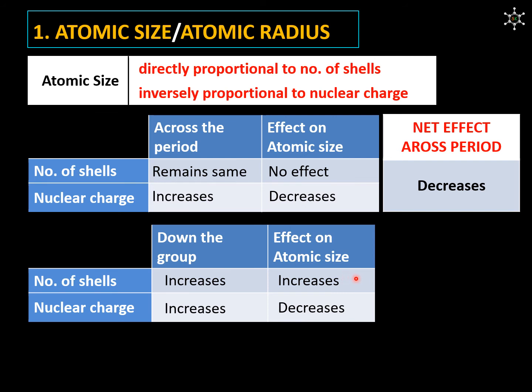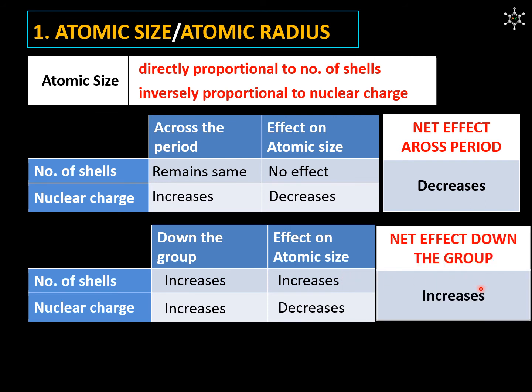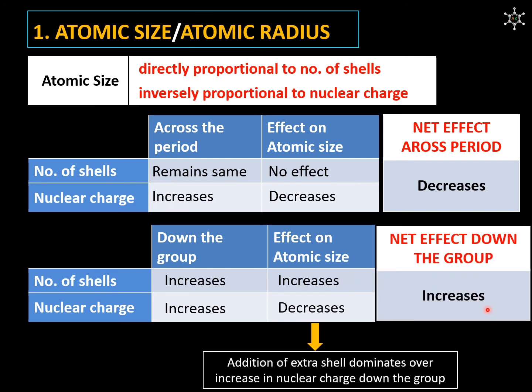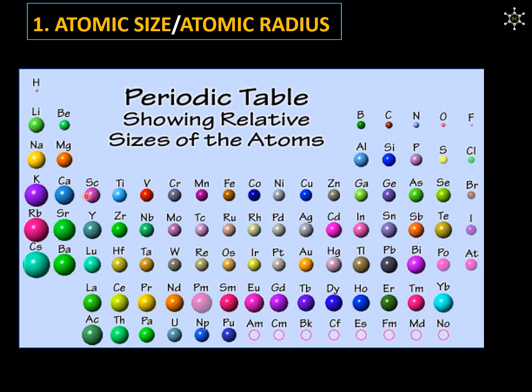What is observed is that atomic size down the group is increasing because addition of an extra shell dominates over the increase in nuclear charge down the group. Here we can see very clearly across the period atomic size is decreasing and down the group atomic size is increasing.